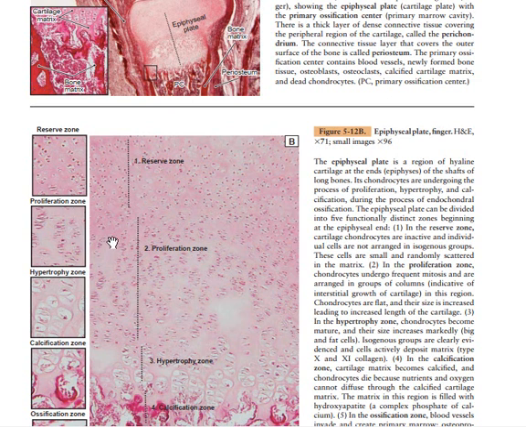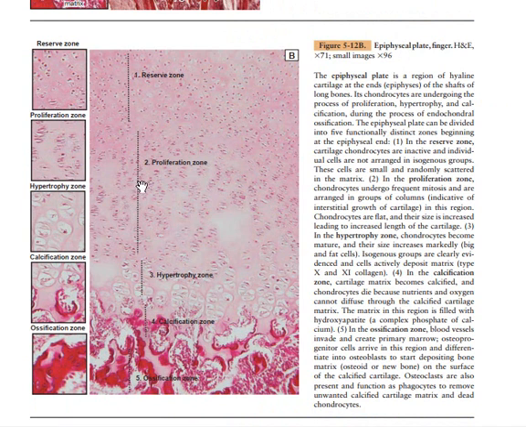Now the proliferation zone. In the proliferation zone, chondrocytes undergo frequent mitosis. When you see the stain, since there is frequent mitosis, you may even see chromosomes, not chromatin, euchromatin and heterochromatin.